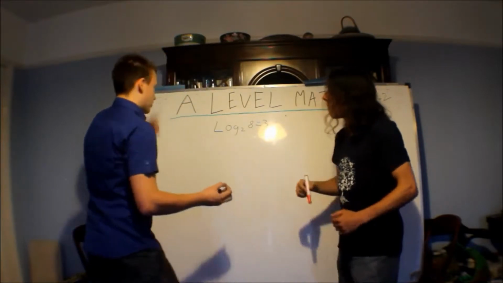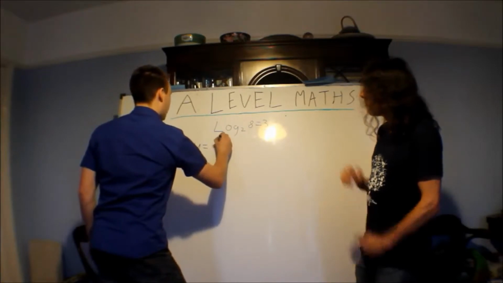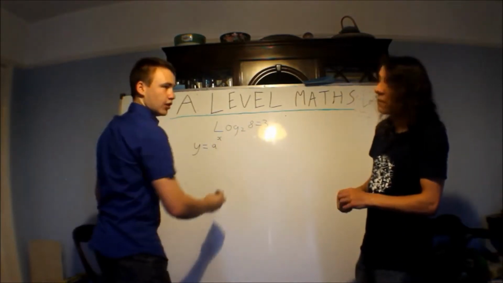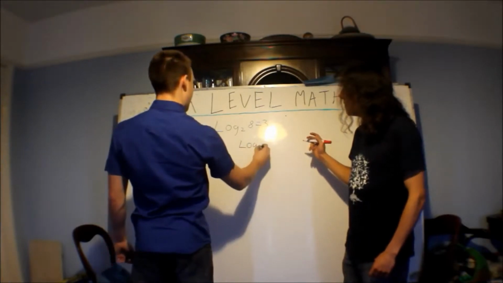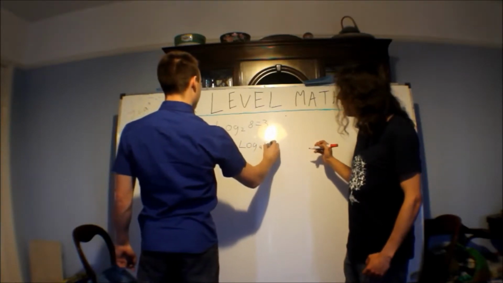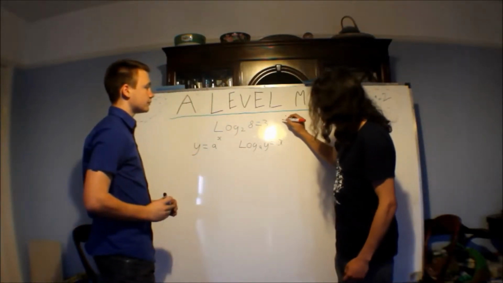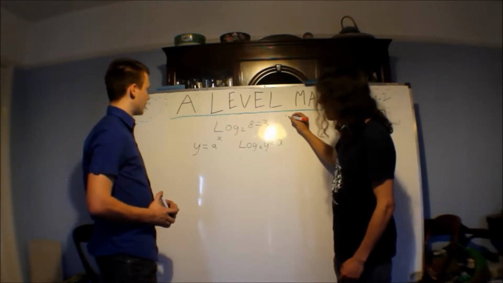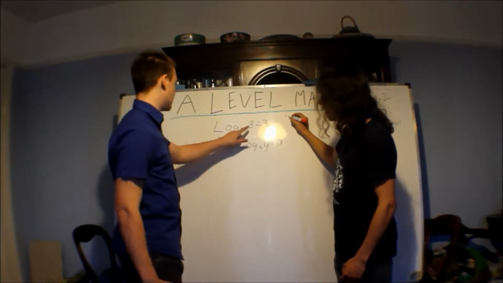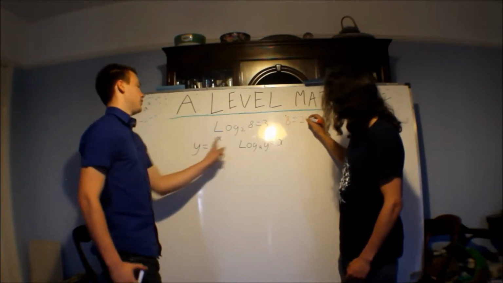If we write this all algebraically, to get from this form, y equals a to the power of x, into the log form, it's log base a of y equals x. So in our example, y would be 8, a is 2, and x is 3. So 8 equals 2 to the 3 when you reverse from this form to this form.